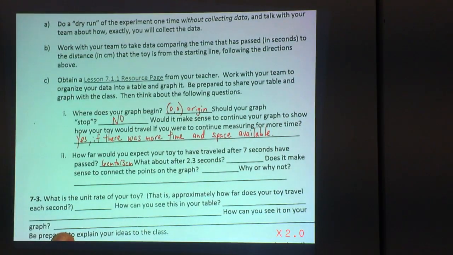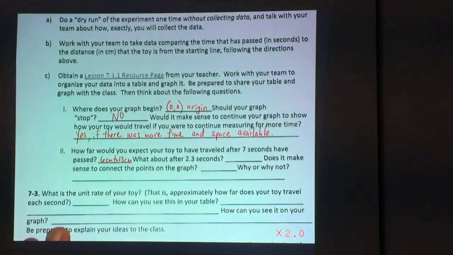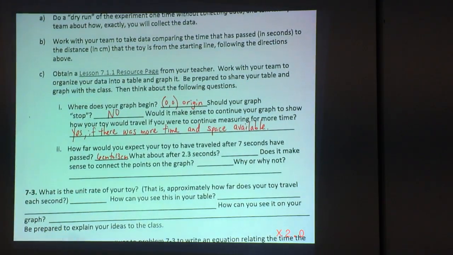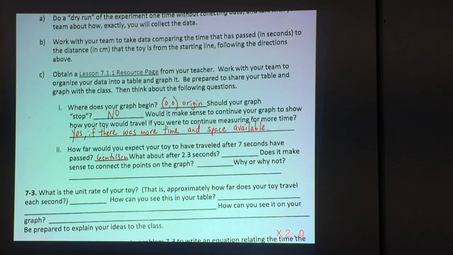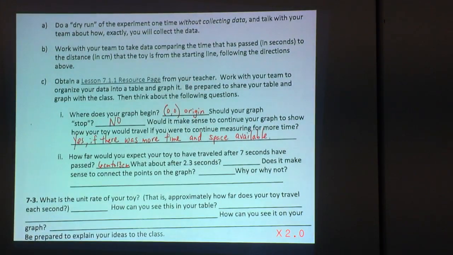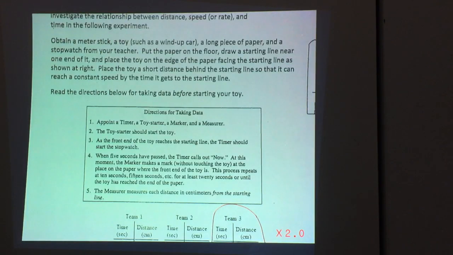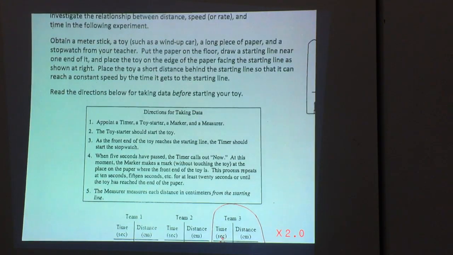What about after 2.3 seconds? Well, 2.3 is close to 2.5, right? So let's go back and look at our table. If this is 5 and 0 were here, then 2.3 would be somewhere in between there.